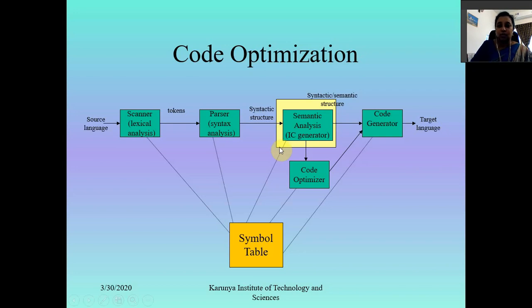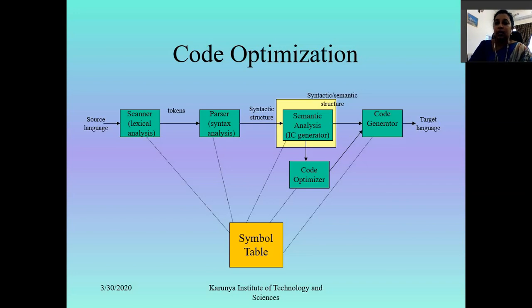Now, where does this code optimization occur? We all know the first phase of the compiler is lexical analysis, and then syntax analysis. We do a semantic analysis and also generate an intermediate code. All these phases have a link with the symbol table, because they have to know what the identifiers are, which data type they are assigned to, and so on.